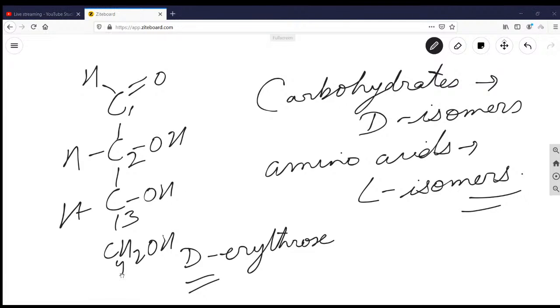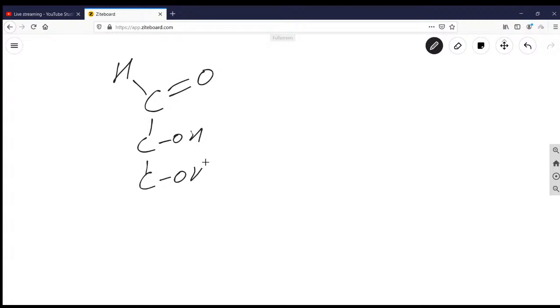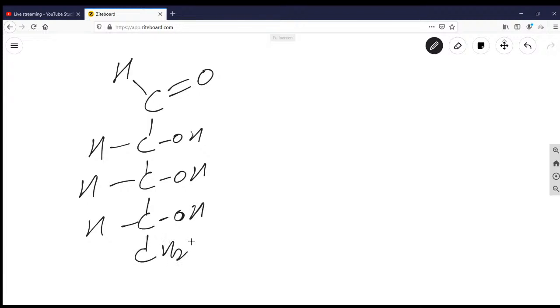If we come to the 5 carbon carbohydrate, the ribose, which you used to see in DNA. If you see D-ribose, it looks like this. H, this side H, 1, 2, 3, 4, 5 carbon.